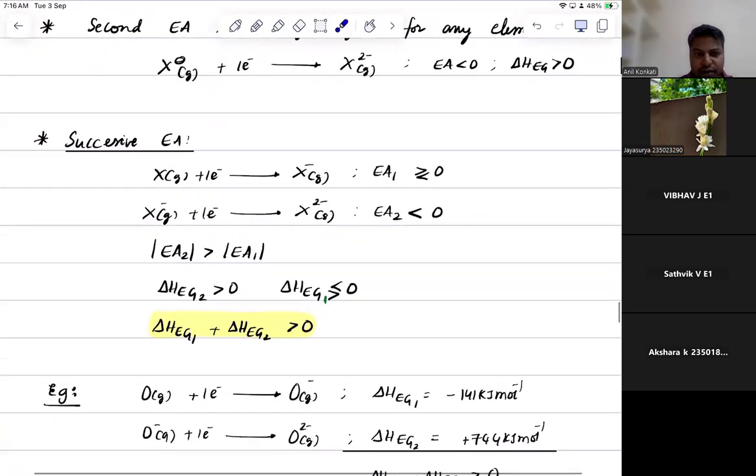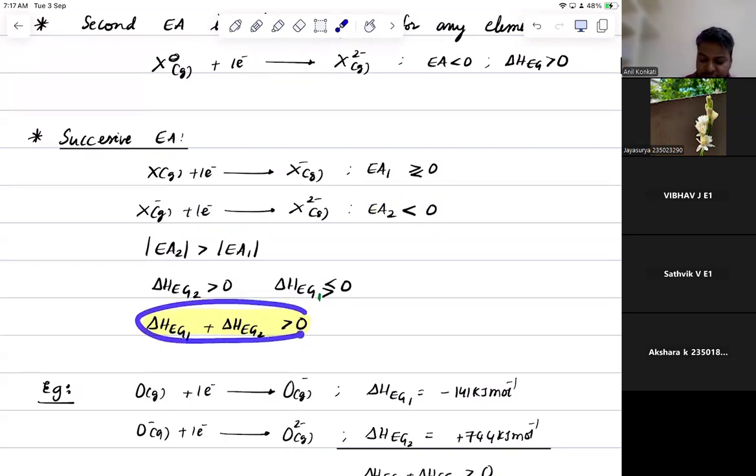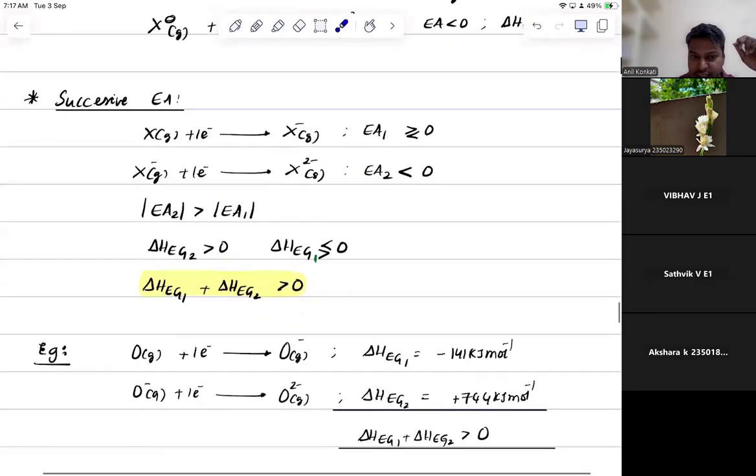Any successive electron affinity, for example, the first one may be positive or negative, but the second one is always negative. And the magnitude of the second one is much, much higher than the magnitude of the first one. Okay. Therefore, overall sum is always going to be positive. Delta H electron gain enthalpy will always be positive. Let me show this with an example.